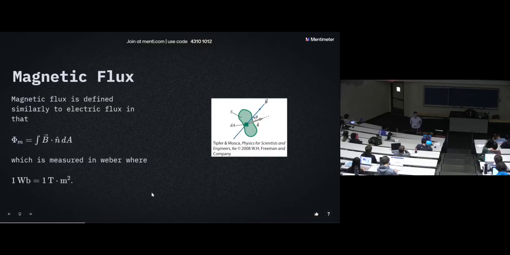A Weber is a huge amount of magnetic flux, right? That would be 1 Tesla over 1 square meter, and 1 Tesla is a very strong field. So Weber, just like everything else we've talked about so far, is probably going to be measured in the milli, micro, nano scale, and make sure you're comfortable with those.